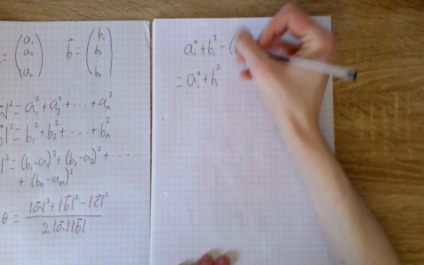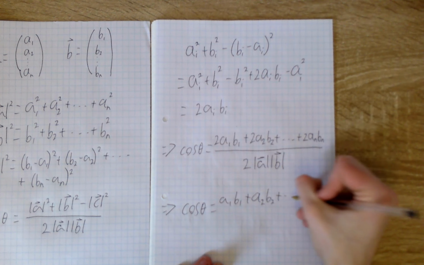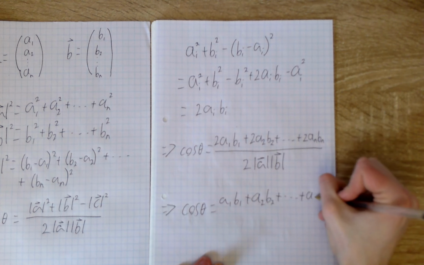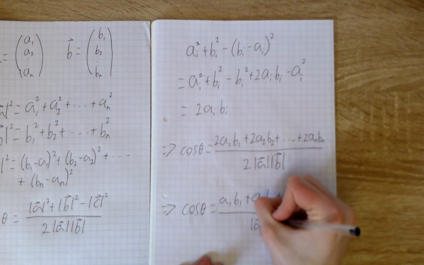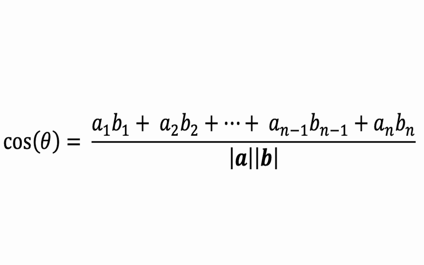And these 2's, of course, are going to cancel out, which leaves us with cos theta is equal to a1 b1 plus a2 b2 plus, and all the way to an bn divided by the magnitude of a times the magnitude of b. So this is our general formula that we use to find the angle between two n-dimensional vectors a and b.